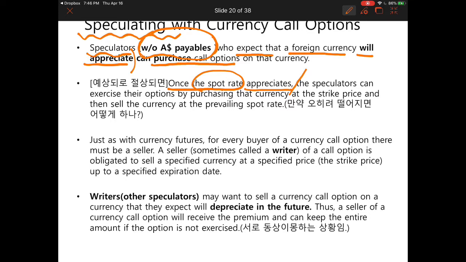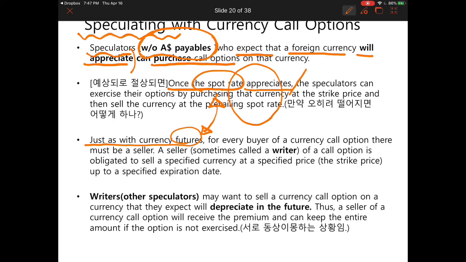By exercising, I purchase at the exercise price, and I have a good market to sell it at a higher price. It is just like currency futures. For futures, you need to pay a certain margin, not the entire money. So it is like a futures purchaser.